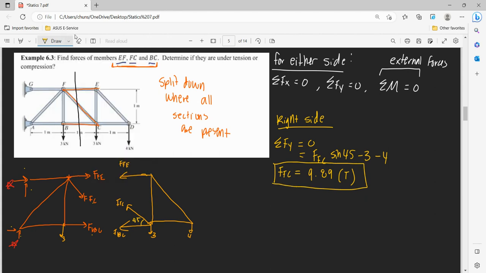Okay, and let's do our sum of Fx equal to 0, so this is F_FC cos 45, minus F_BC and minus F_FE.